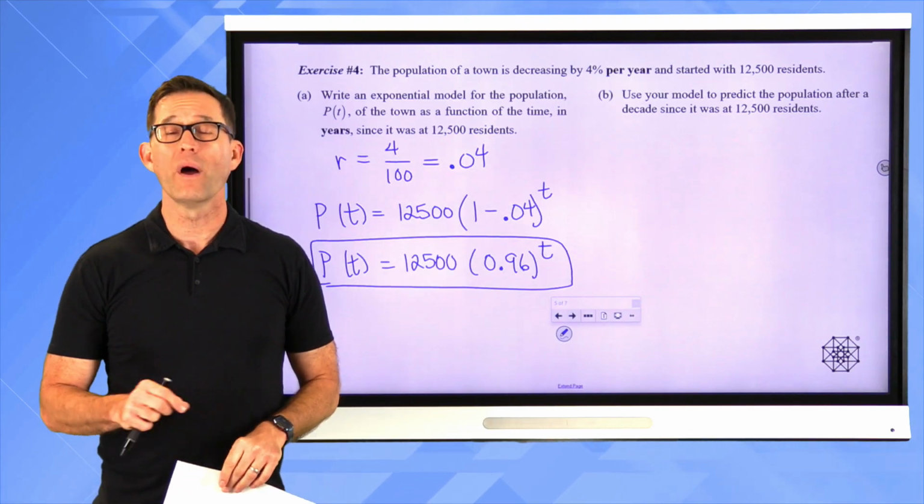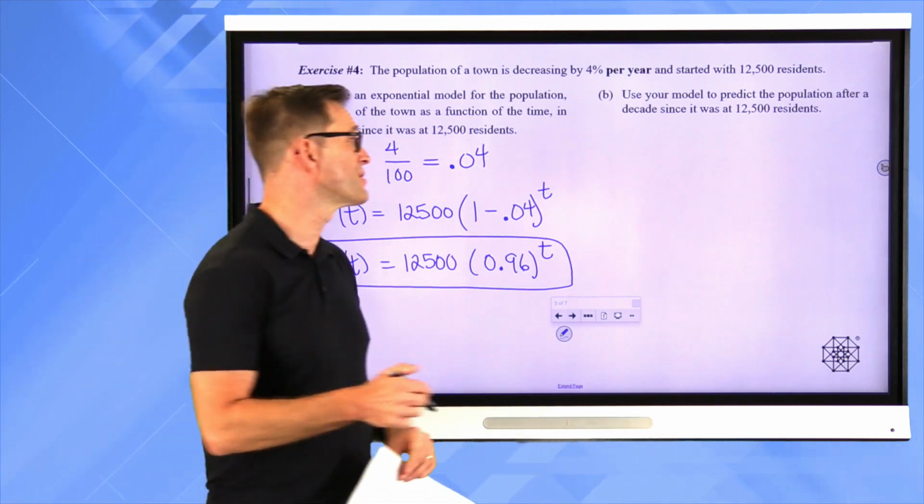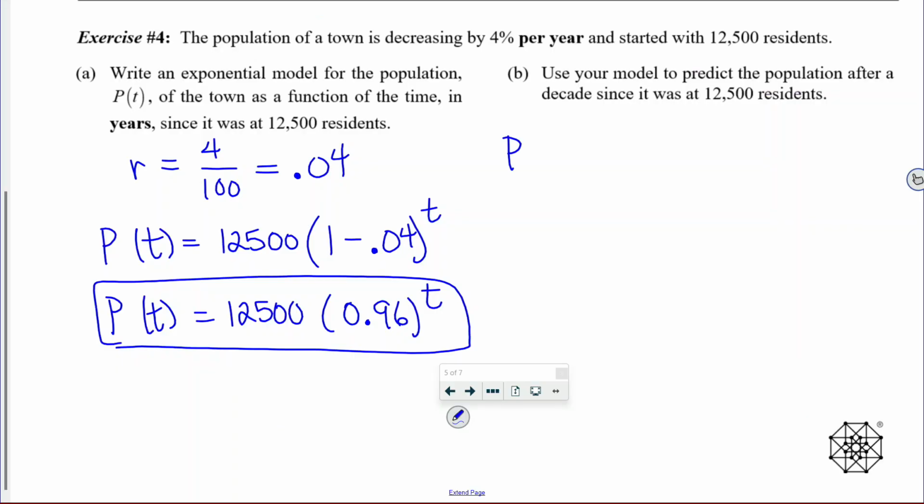Well, obviously 1 decade is equal to 10 years. So we just want P of 10, which is going to be 12,500 times 0.96. We get to multiply by that 0.96 10 times. All right.